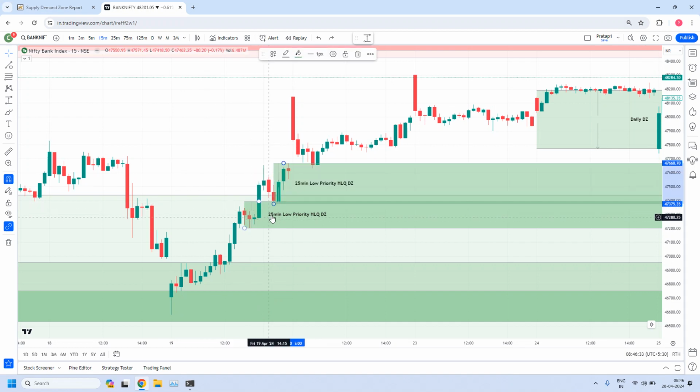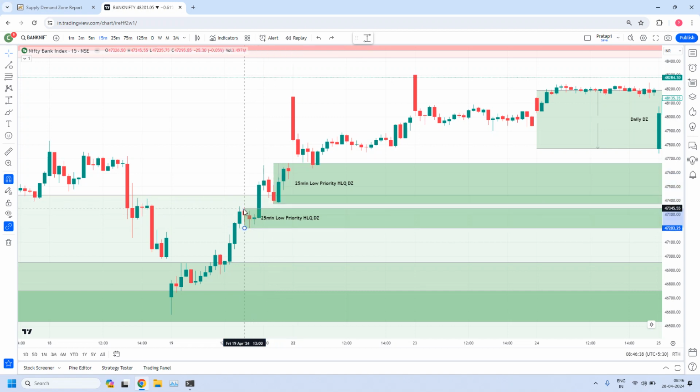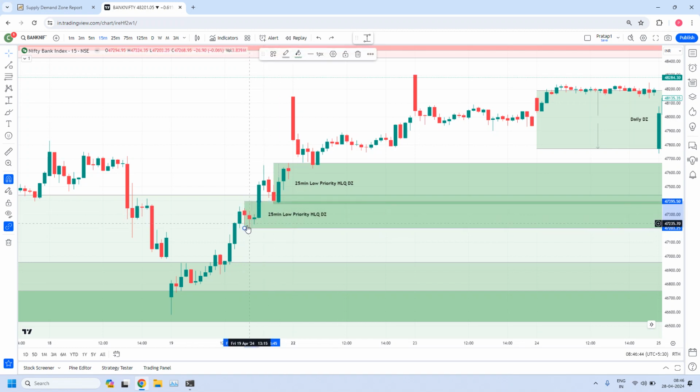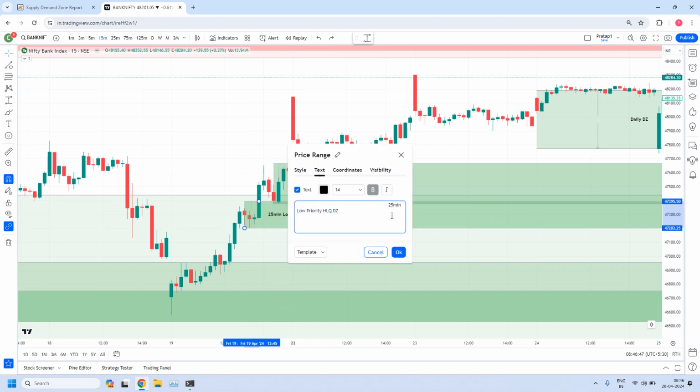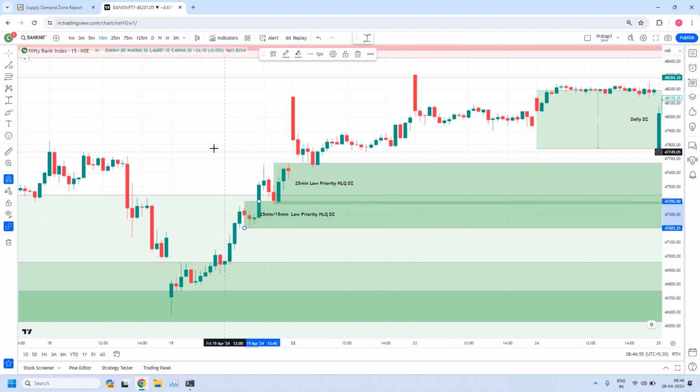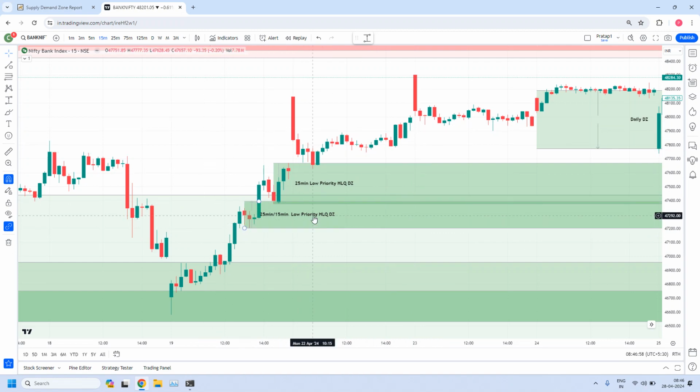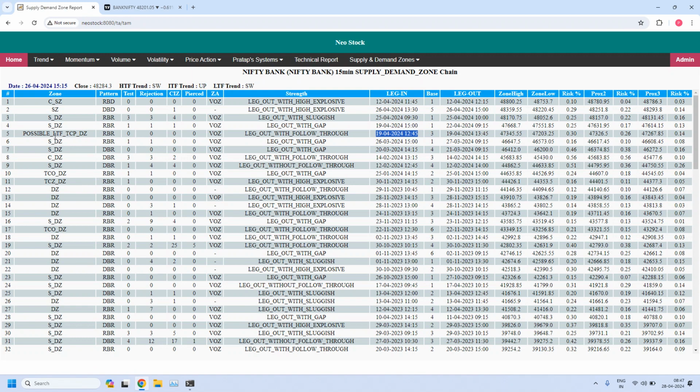So what I do, for the time being, let me say this is a 25 minutes or 15 minutes. It is supporting both. And we have high liquidity demand zones, 2 demand zones, and also one high liquidity supply zone is also there. First let me finish these 2, the 3rd and 4th.